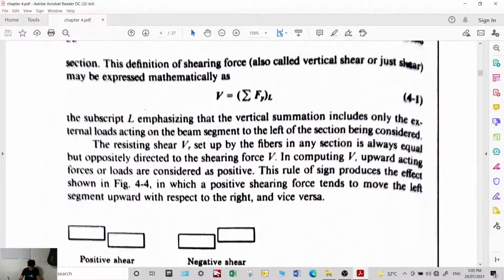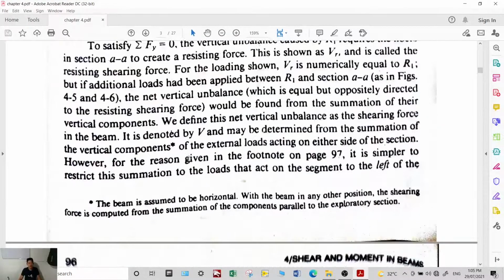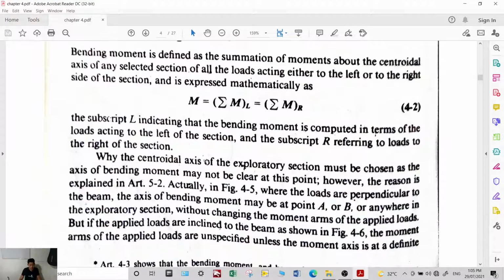So again, to get it, you take this side as your origin, the base of your moment arm. So this is your datum. And you get the summation of moments on the left or on the right side. You can also use the right segment. Okay.